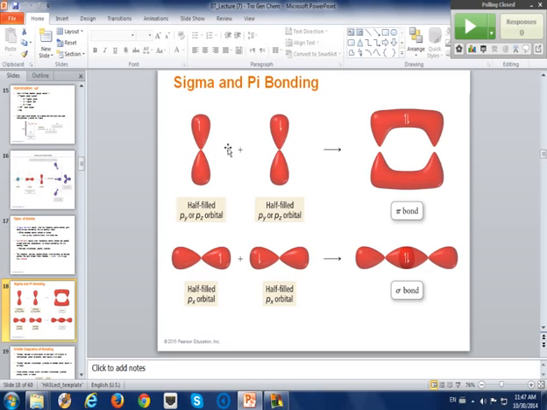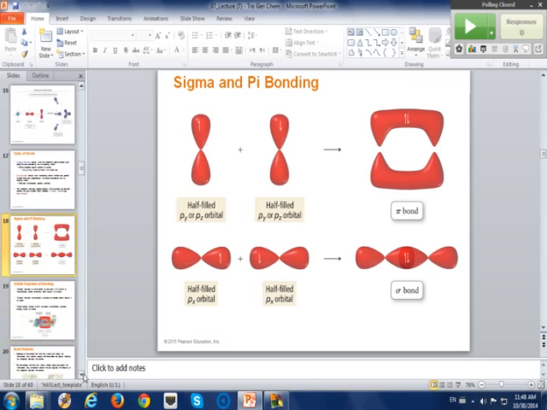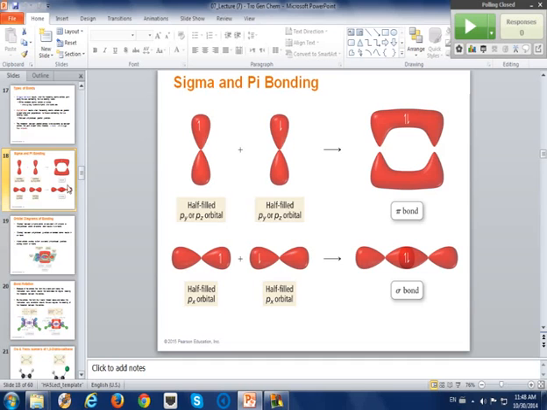See, here's the plane involving the nuclei. But if these two atoms are pushed together to form some molecule, the overlap region may be in a different plane, above and below the plane containing the nuclei. And such overlap is the basis for the pi bonding. So it's important to make that distinction.